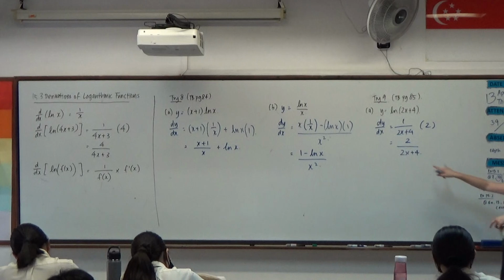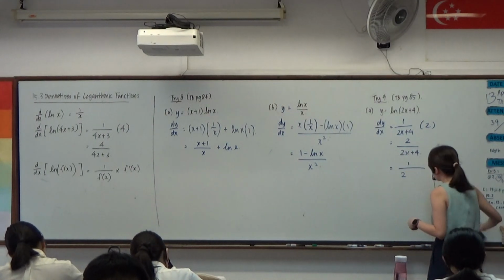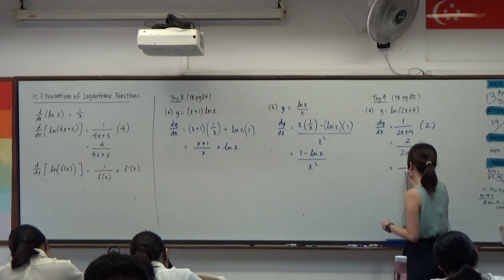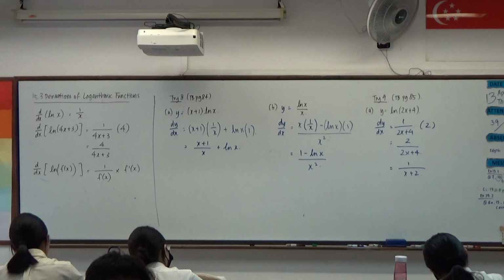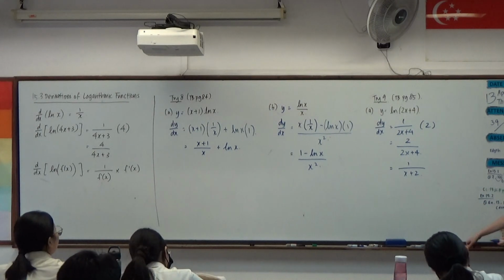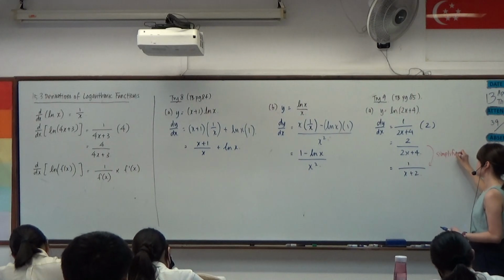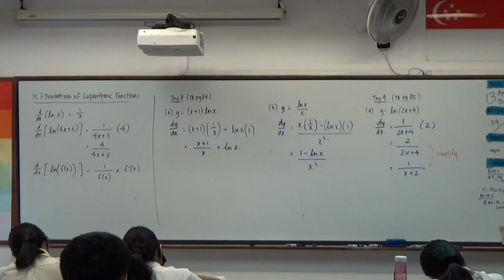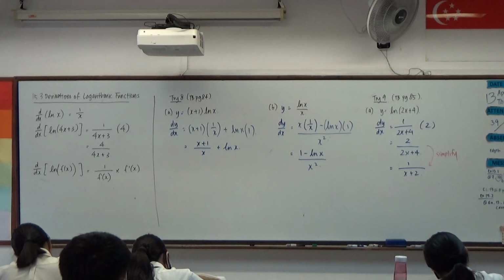No, okay. Denominator is 2x plus 4, so can be simplified by dividing by 2, top and bottom. You should get 1 over x plus 2. Okay. So do have that awareness that we need to leave our answer to simplify.